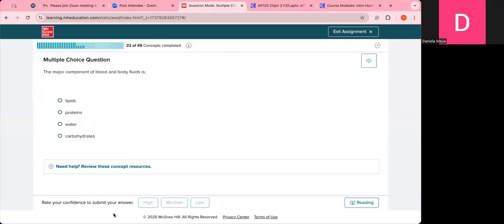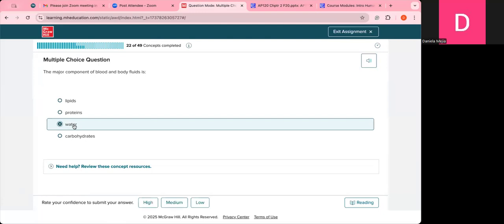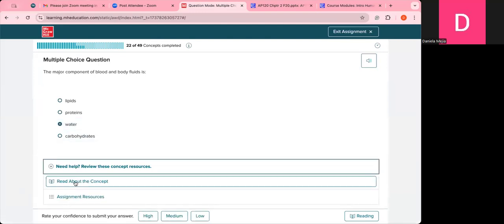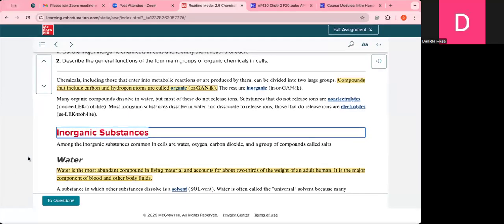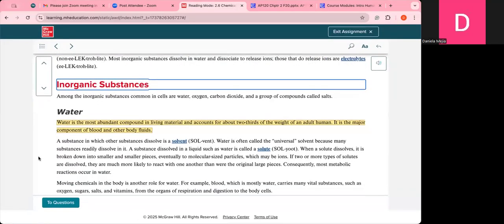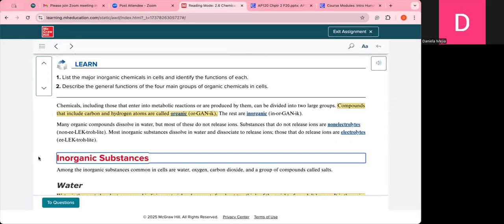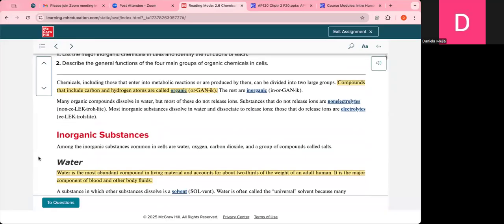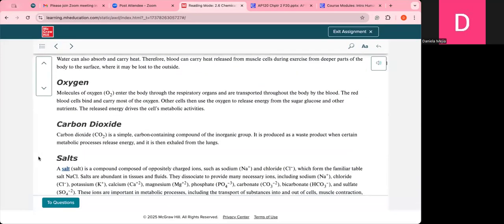Okay, let's see what else we have. The major component of blood and body fluids is lipids, proteins, water, or carbohydrate. Would it be water? I believe so, but check the book. Let's look at blood and substances. I just need to keep reading.